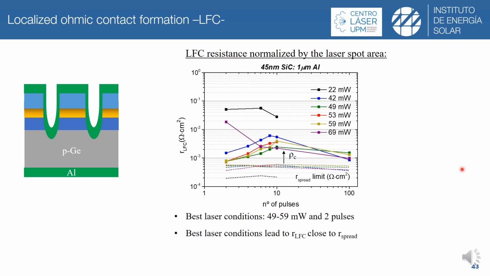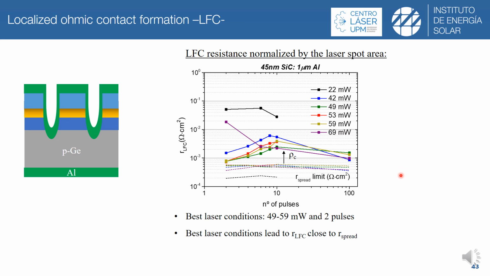And if we want to analyze the specific contact resistance, which is the figure of merit usually used, we can calculate it by taking the laser fired contact resistance minus the spreading resistance.